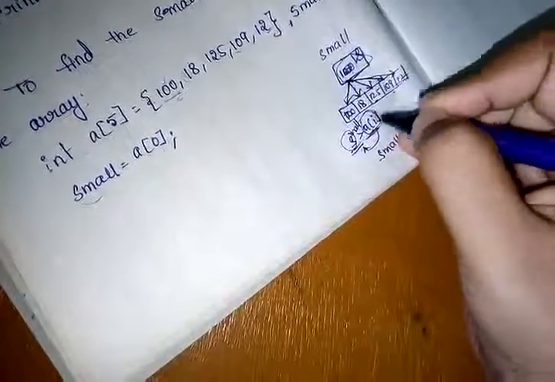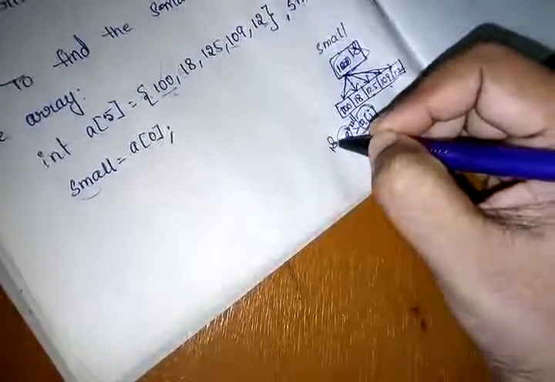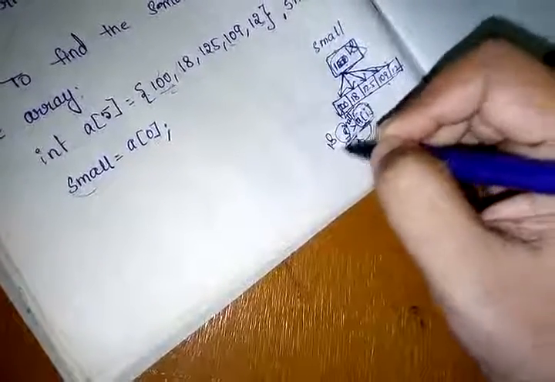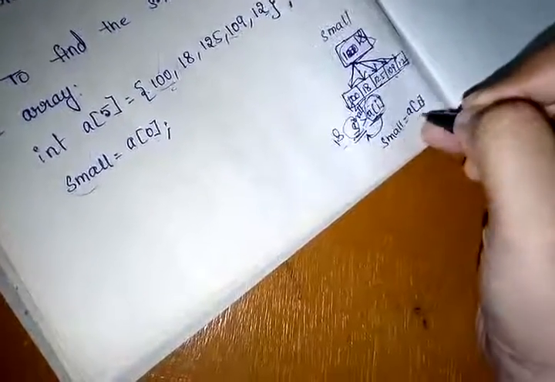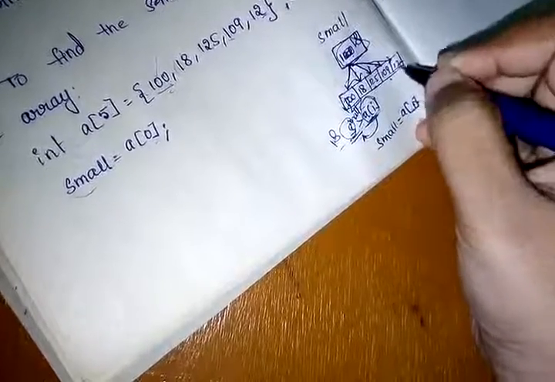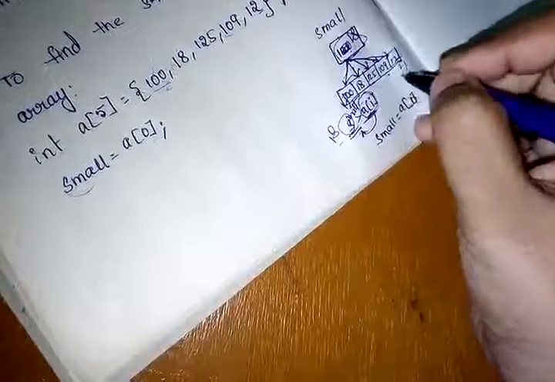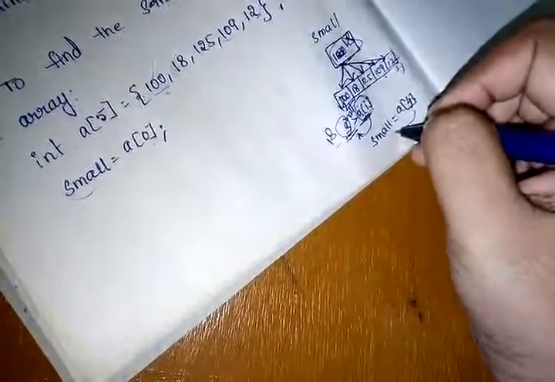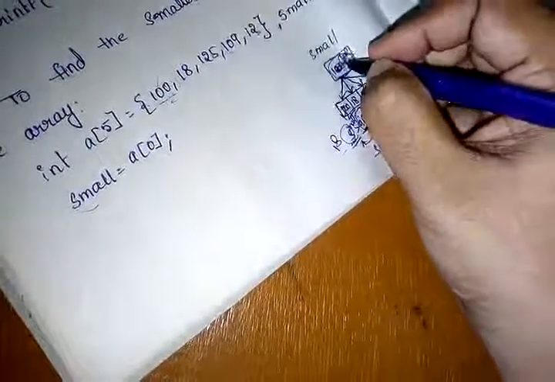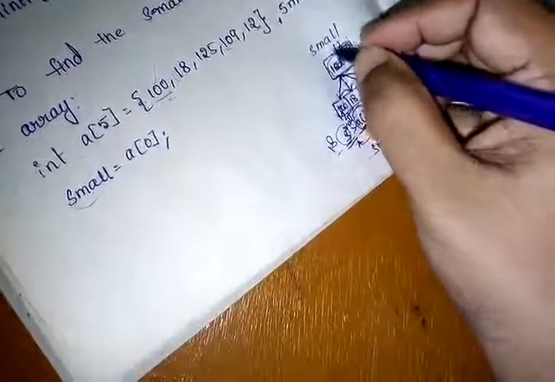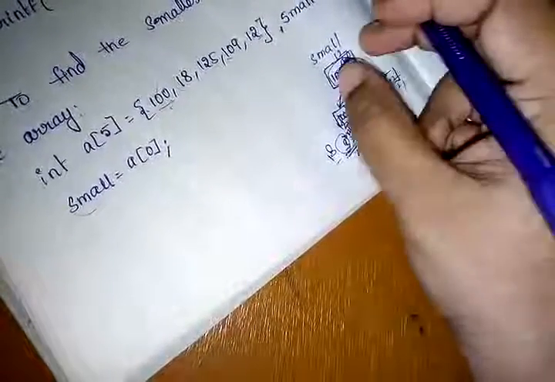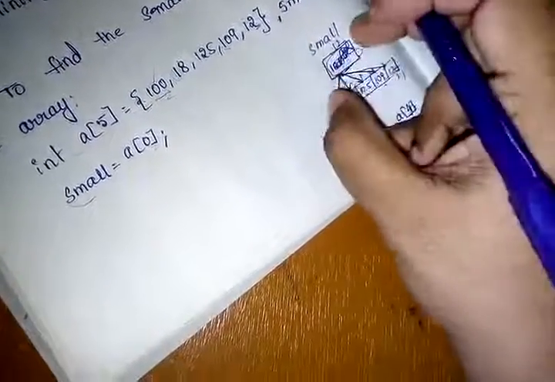Now it is 12. So 18 is greater than 12. Now the condition is true. So you will assign a of 4 to small. So finally you will have the element 12 in your variable.